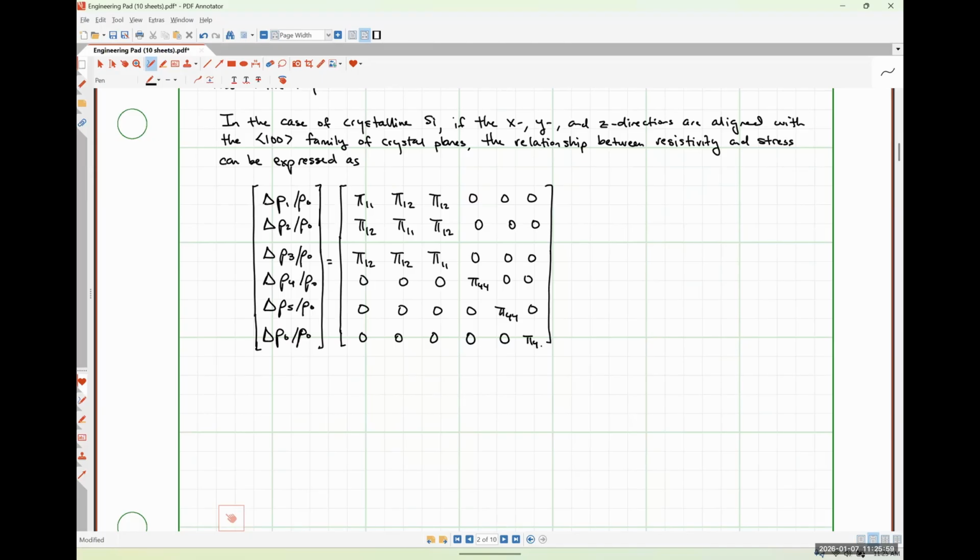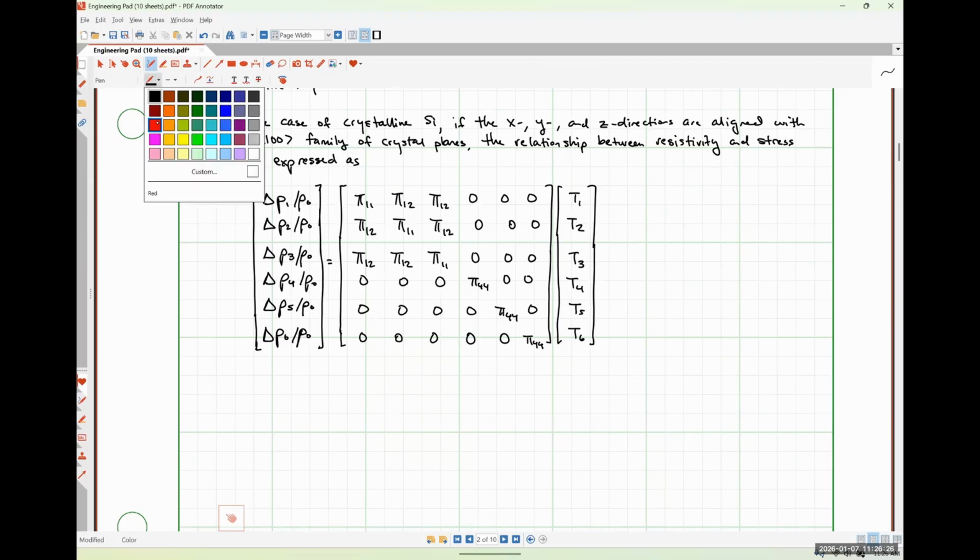So these piezoresistive coefficients are multiplied by stresses T1, T2, T3, T4, T5, and T6. And over here on the right is where I'm going to introduce information about our directions so that all of this makes some amount of sense.